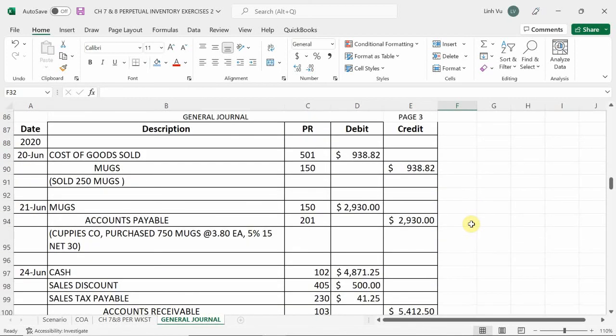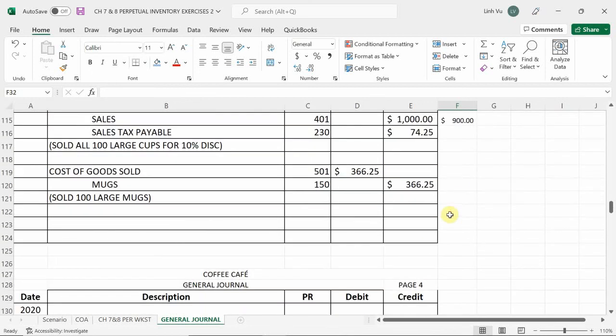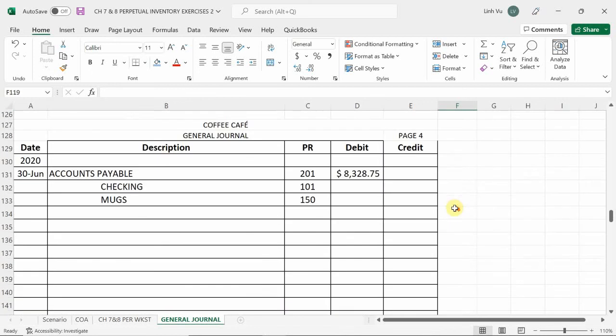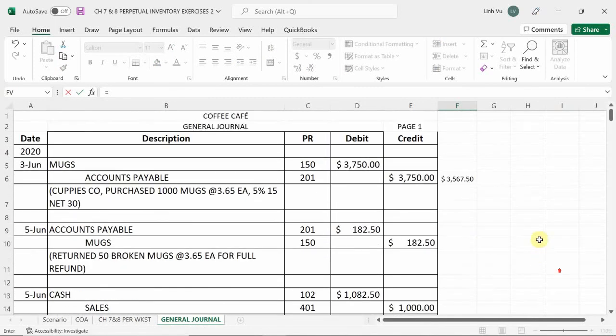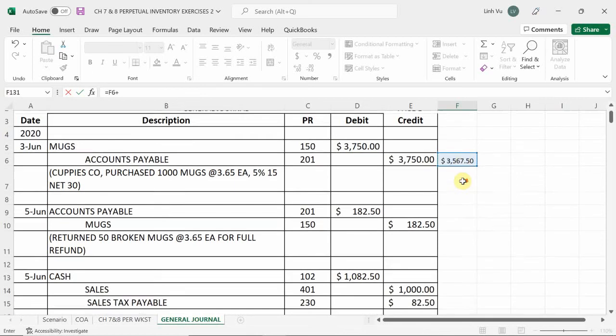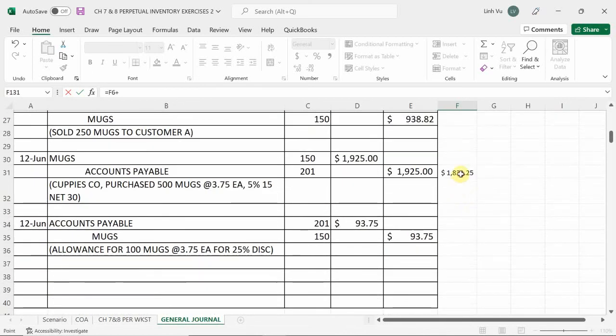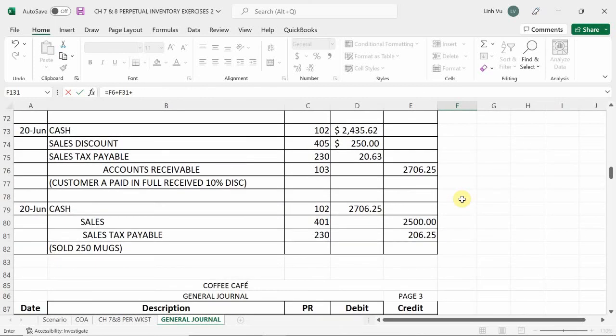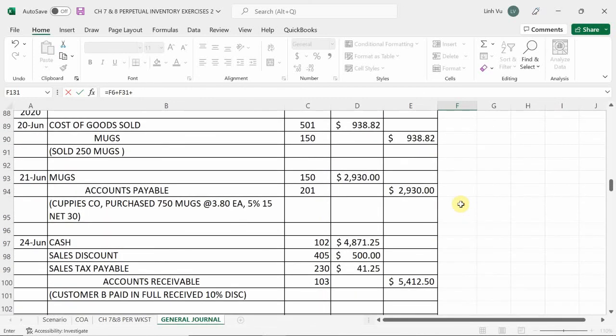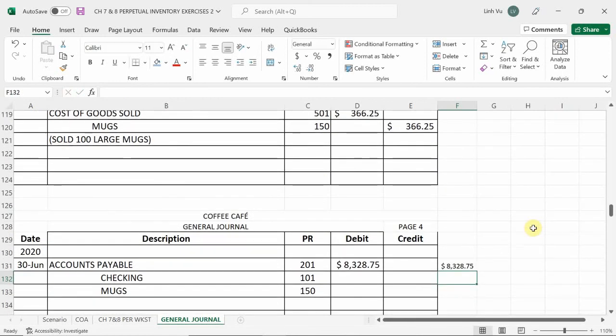For $2,930 is going to give me a grand total of $8,328.75. Okay, good. So that is correct.